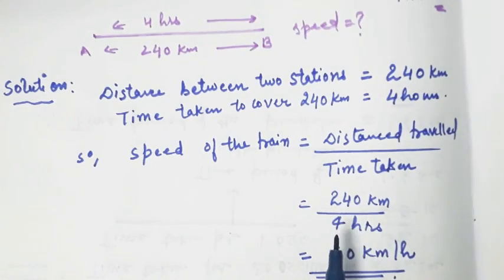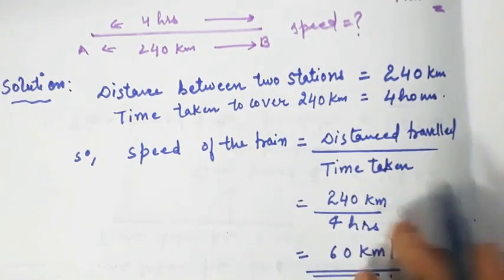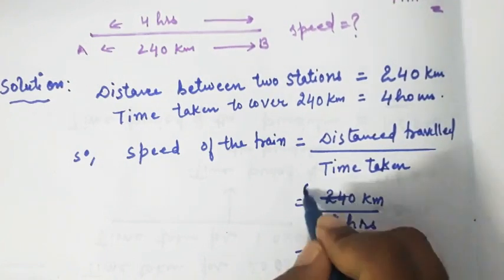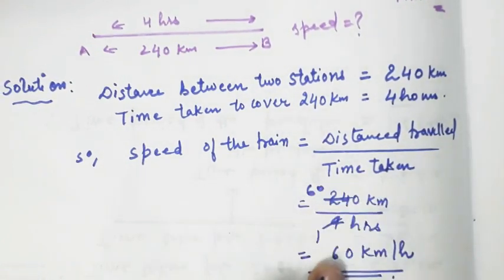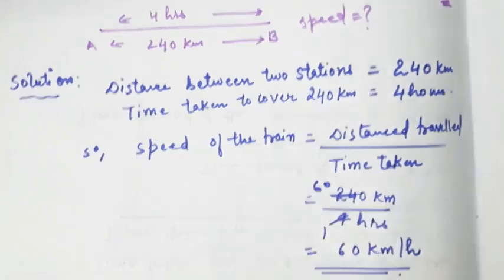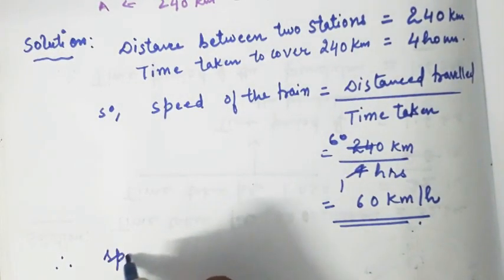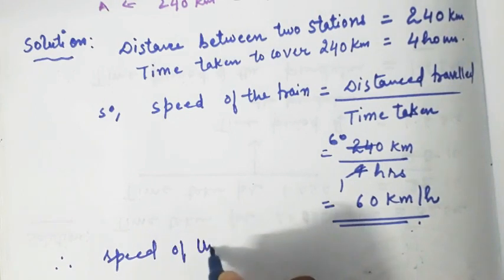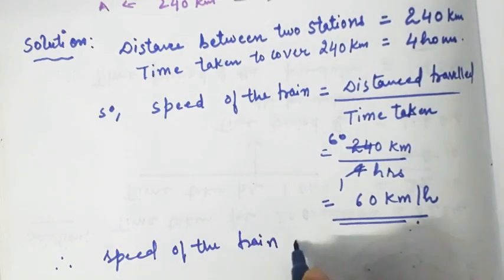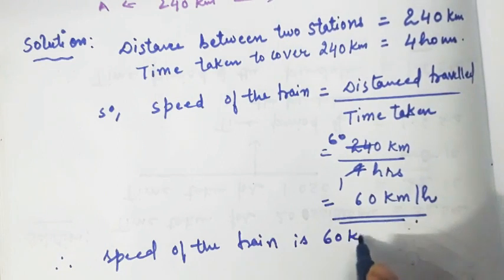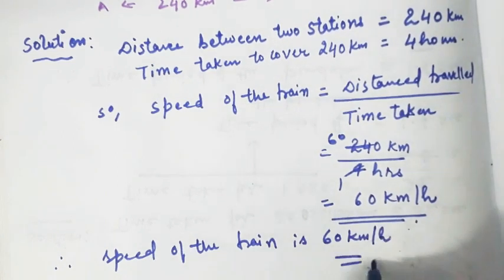So 240 upon 4. If you divide it, 4 sixes are 24, so 60 kilometers per hour. So here we can conclude, therefore speed of the train is 60 kilometers per hour.